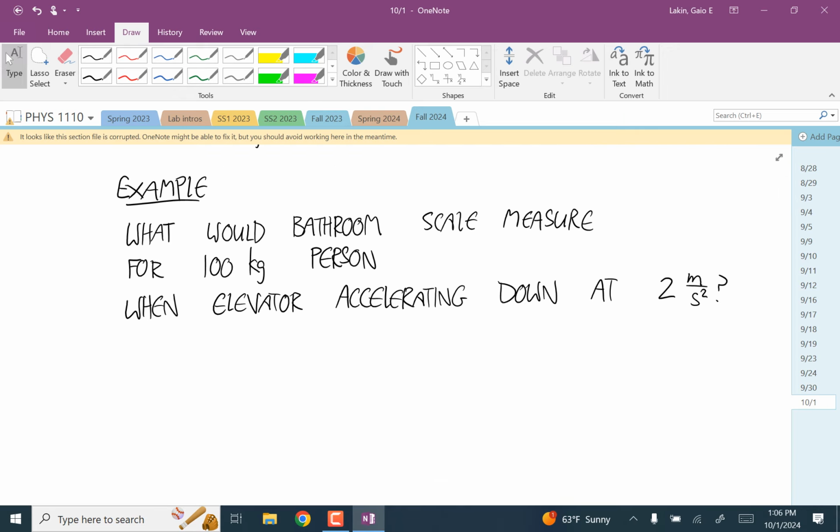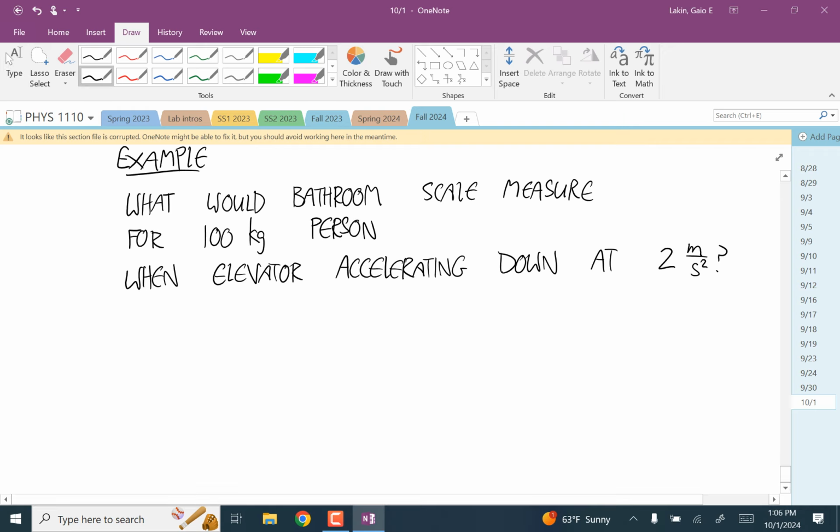So it's the same two forces acting. So now we have a situation like this. The elevator is accelerating down at 2 meters per second squared. There are two forces acting on the person. It's the same two as before.